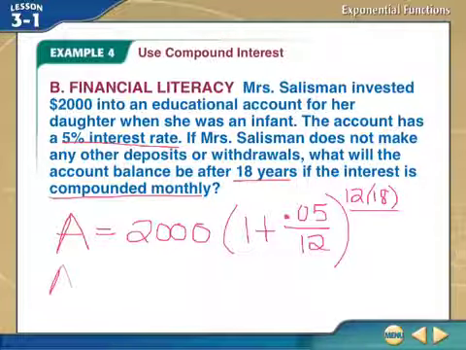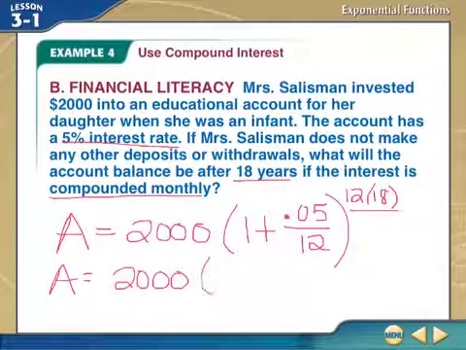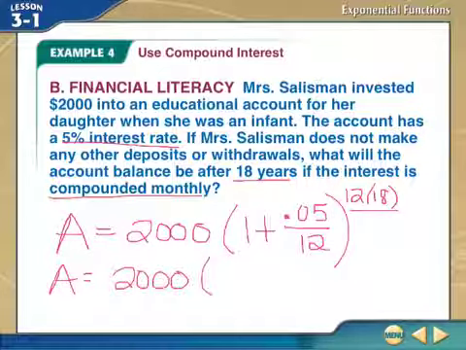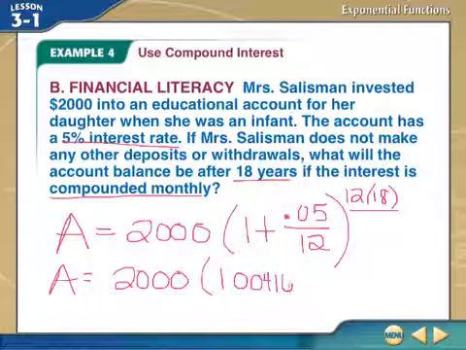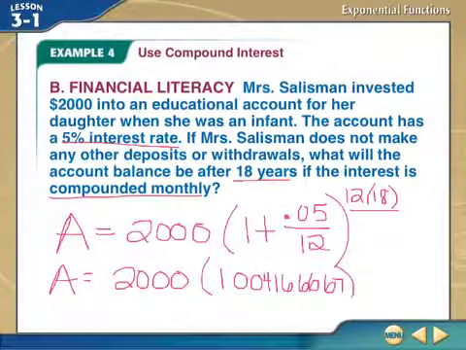So if we simplify here inside of our parentheses, we have 0.05 divided by 12, which is 0.004 approximately, and if I add 1 to that, I get 1.004166667, and 18 times 12, my exponent, is going to be 216.